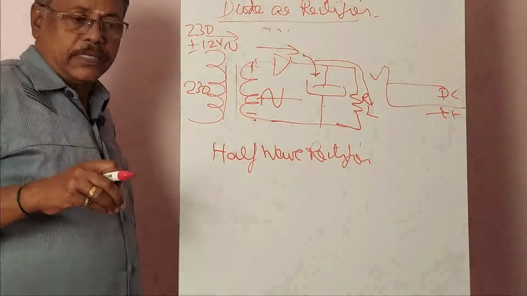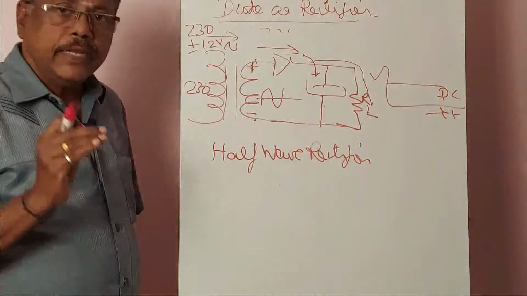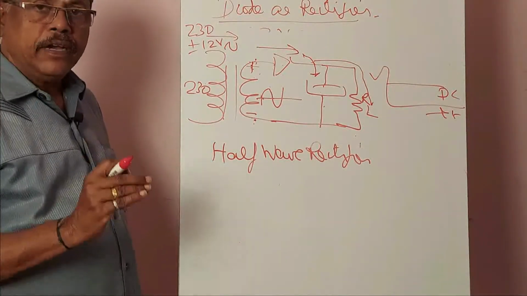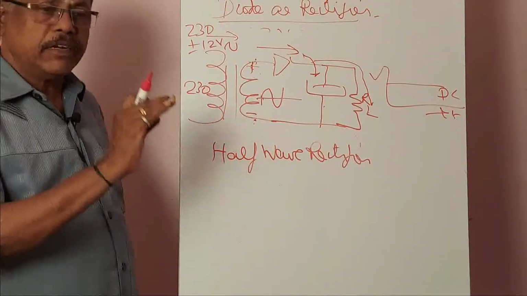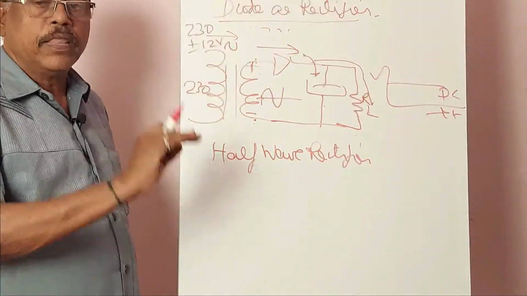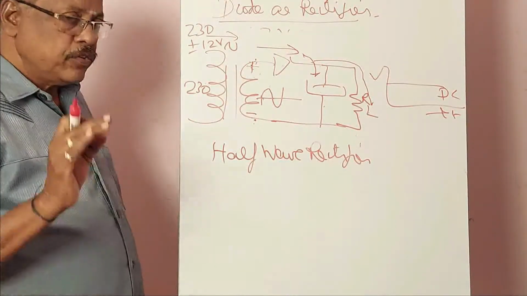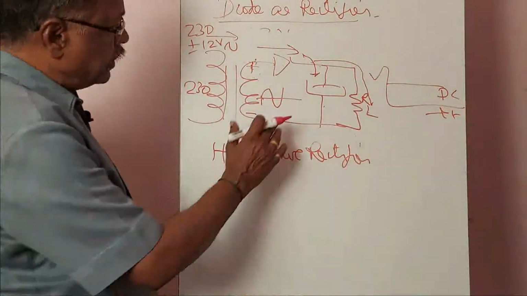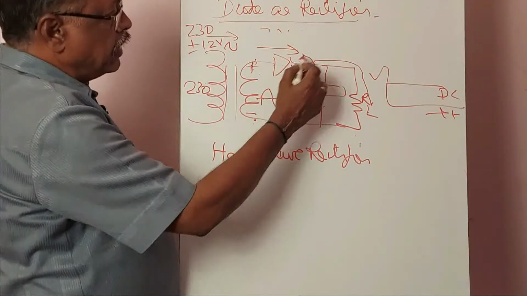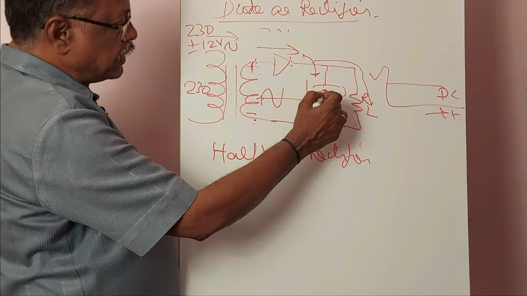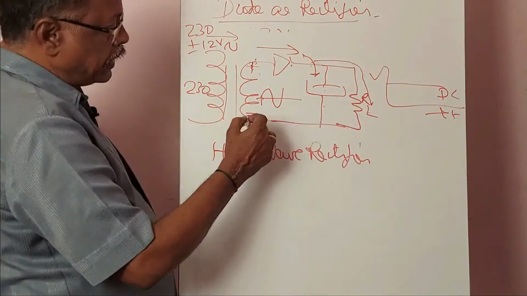As in the previous classes, I have already told that electrons move from the negative terminal of a battery, go through the load and come back to the positive terminal of the battery. The conventional current will flow from the positive terminal of the battery through the load to the negative. So this we should not forget. Here, for the first half cycle, the positive will drive the current, charging this filter capacitor as well as driving a current through the load and coming back to negative.